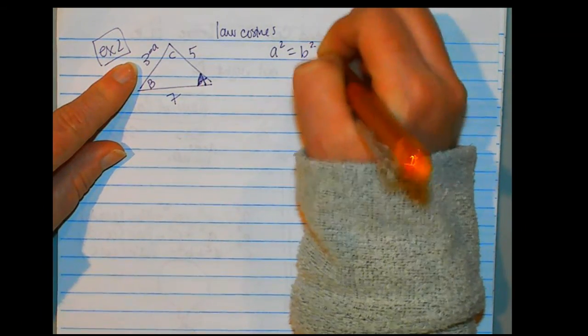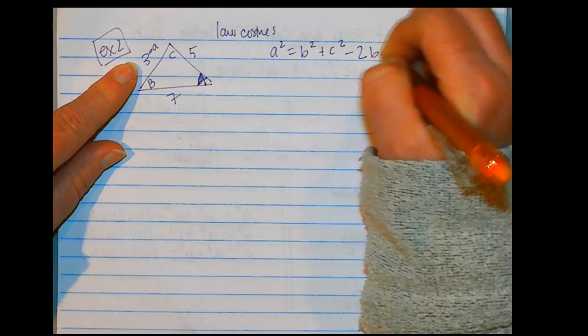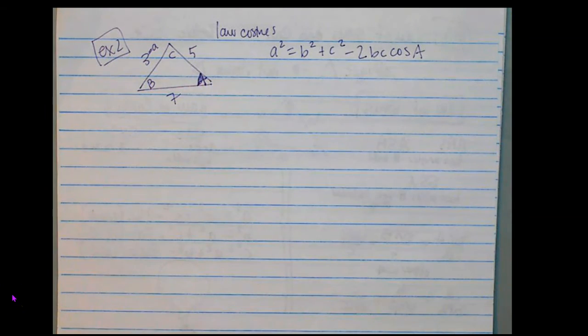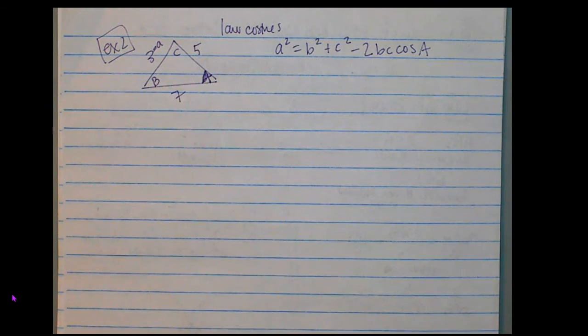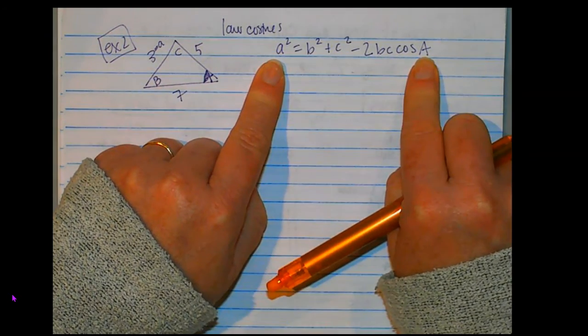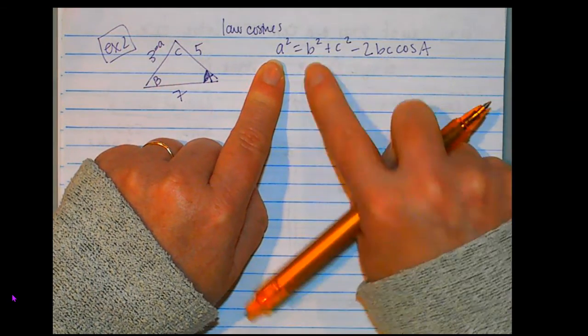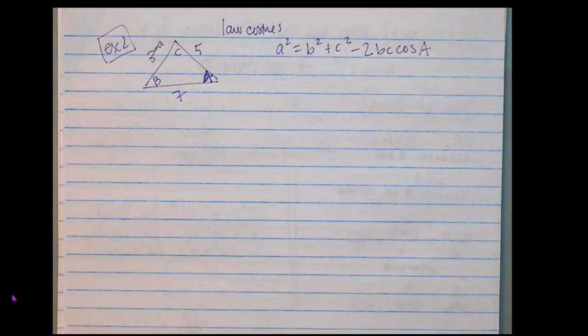It's a squared equals b squared plus c squared, minus 2 times b and c, times cosine of the angle that I'm looking for. Y'all check my math and make sure that's right. Minus 2, yep, okay. So it's not hard to memorize. It's whatever you put here, and everything else except for the angle. So b and c are squared, minus 2 times b and c, cosine of the angle. And then we're going to plug everything else in. So what's a?